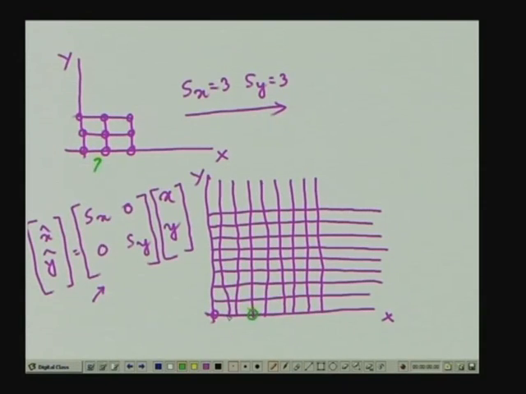So, this becomes 1, 2, 3, 4, 5, 6. Similarly, the 0 1 pixel will be mapped to the 0 3 location, and the 0 2 pixel will be mapped to the 0 6 location. Similarly, I will have pixels in these different locations in the scaled image.